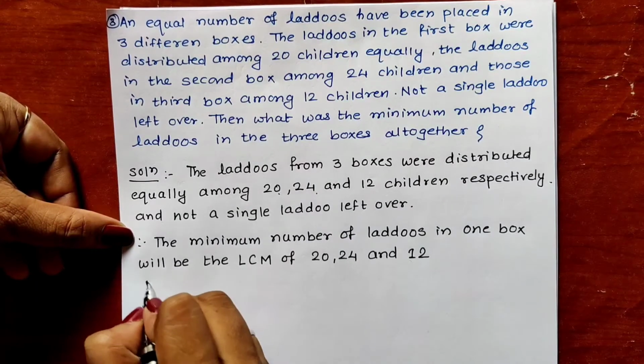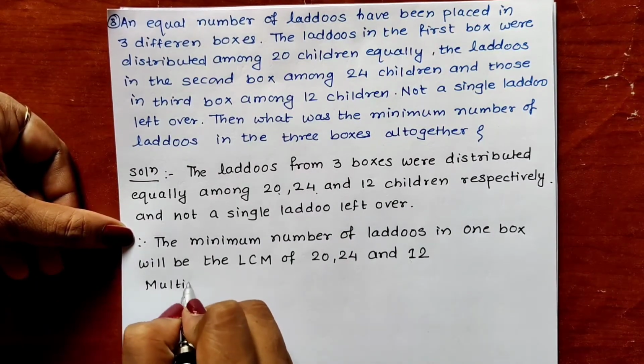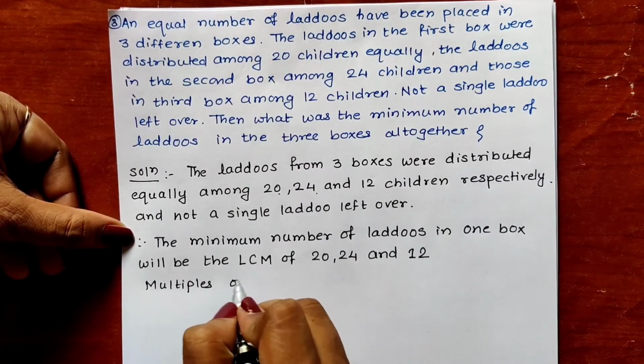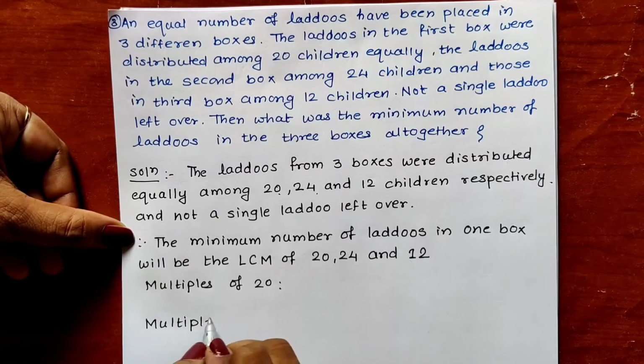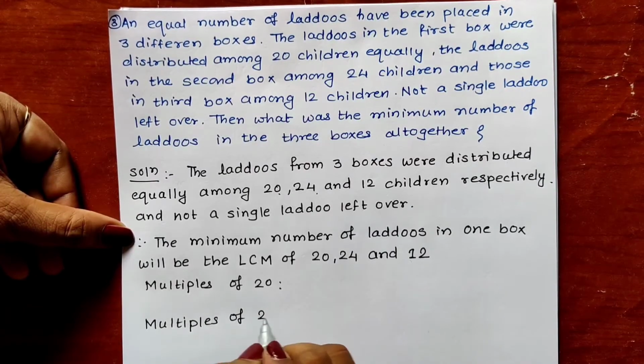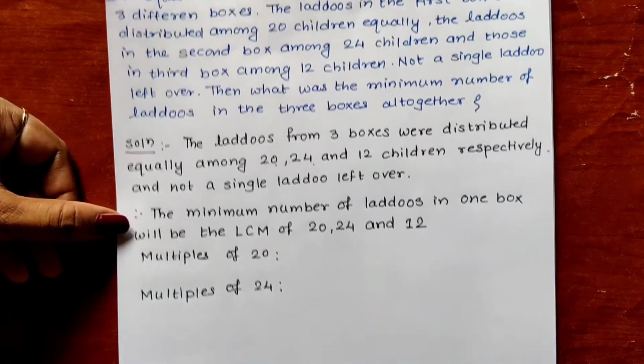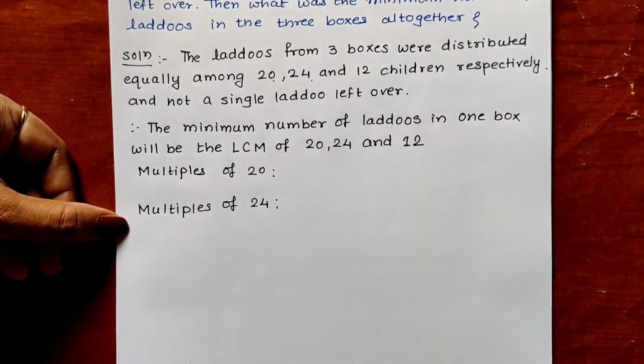So for that we have to find the multiples of 20, multiples of 24, and then we can find out the multiples of 12 also.